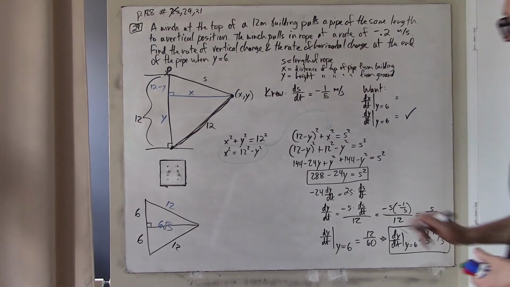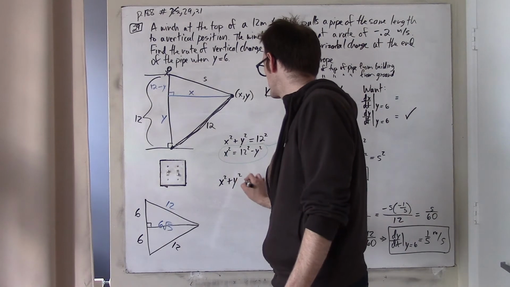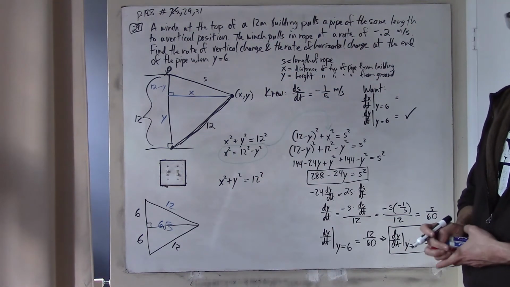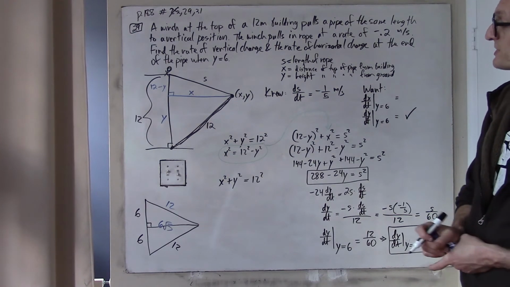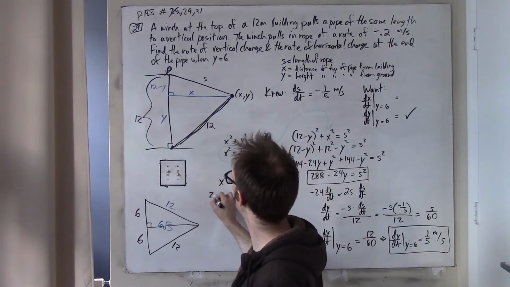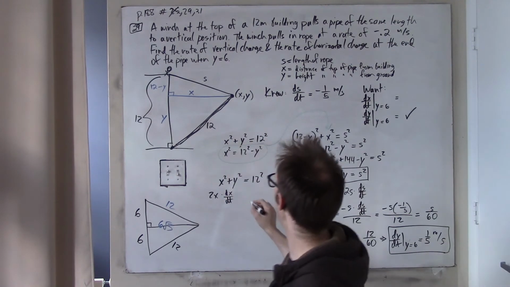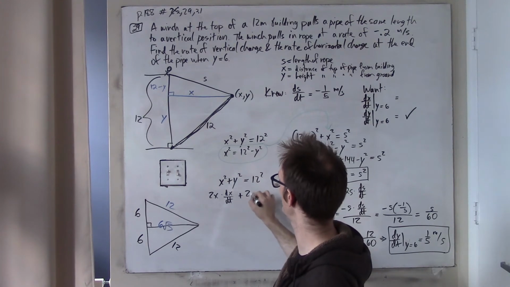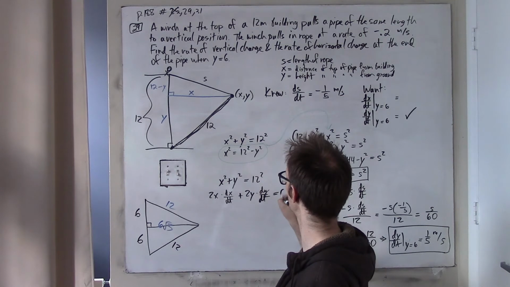Well, here, I think the smoothest way to do this now, believe it or not, is to just go back to this equation. This equation says that there's a certain relationship between x squared and y squared. So let's just differentiate both sides of this equation with respect to t. So this gives me 2x dx dt, because of the chain rule. The derivative of something squared is 2y back inside for the derivative of y, so plus 2y dy dt equals 0.